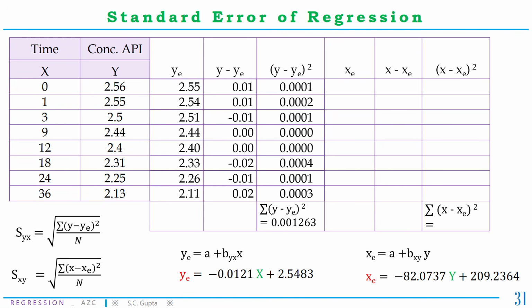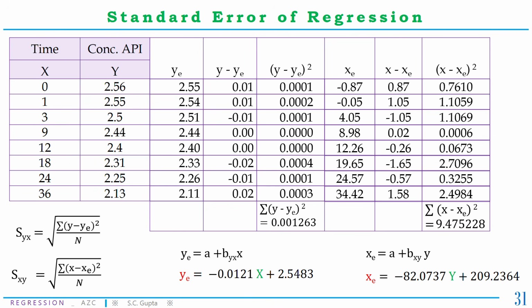The value found is 0.001263. Now calculate the variation in x which is unexplained by the variable y, sigma of x minus xe whole square. The value found is 9.475228.